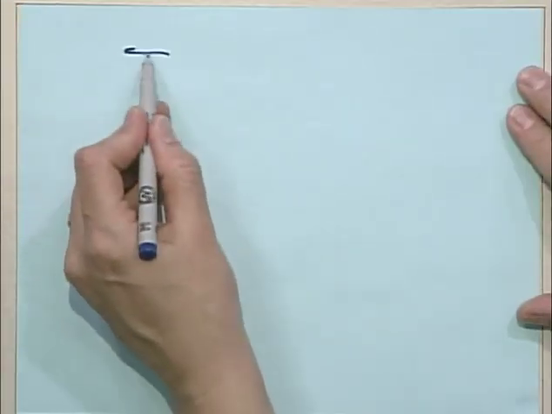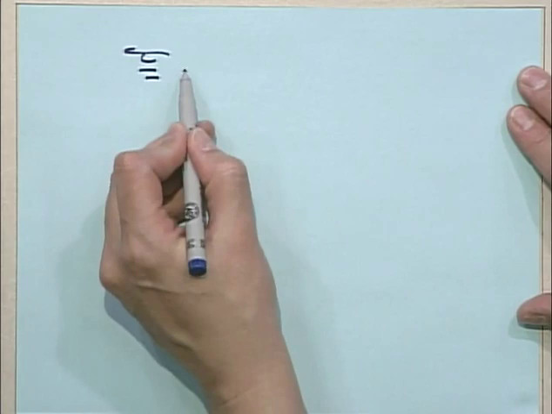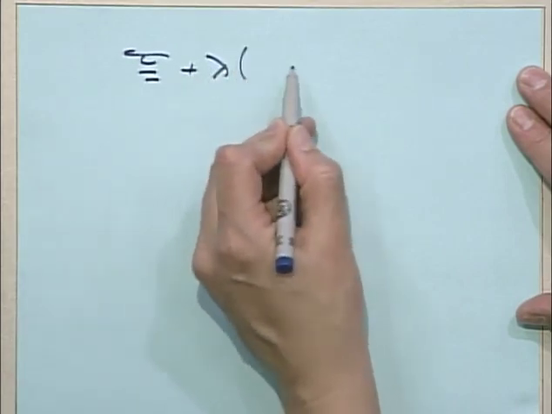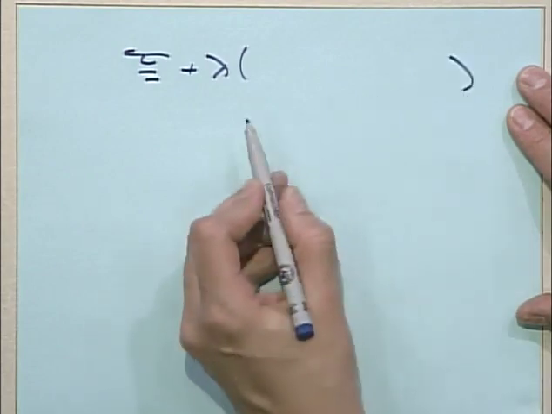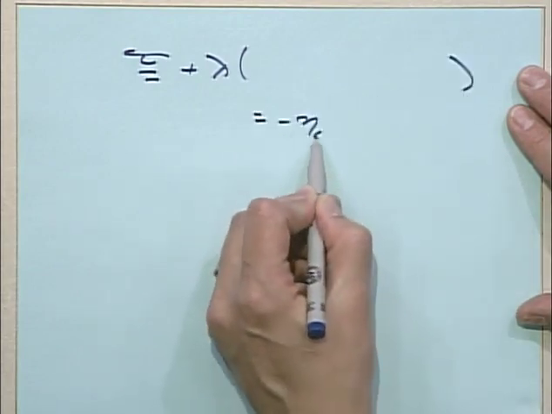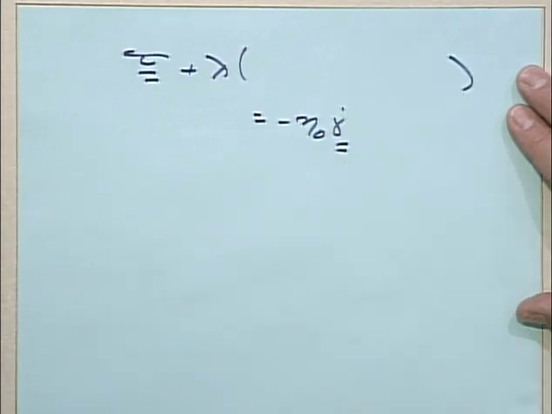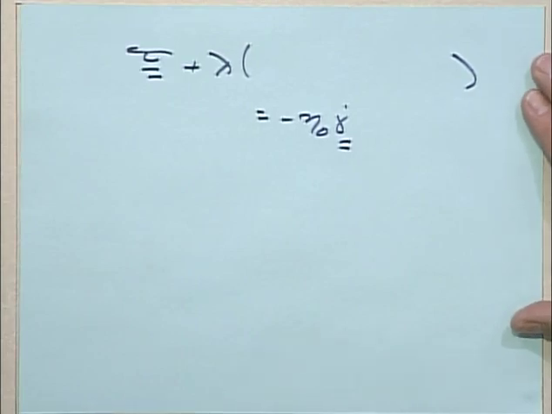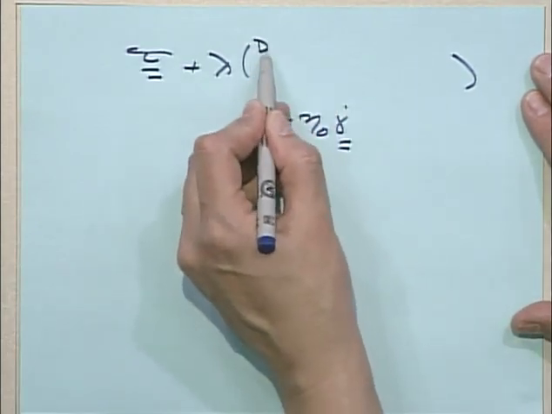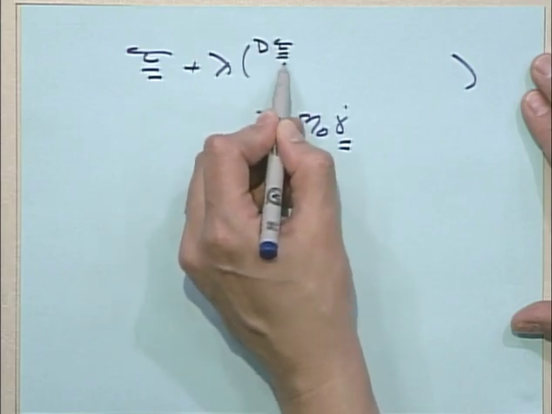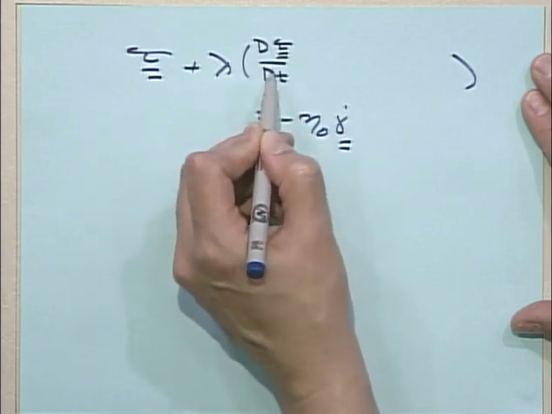You get an equation that looks very much like the Maxwell equation. Tau plus lambda times a very big set of terms, actually, equals minus eta naught gamma dot. So it looks just like the Maxwell model, except that there's an enormous set of terms here. This is the substantial derivative of the stress, which has the partial derivative in it.